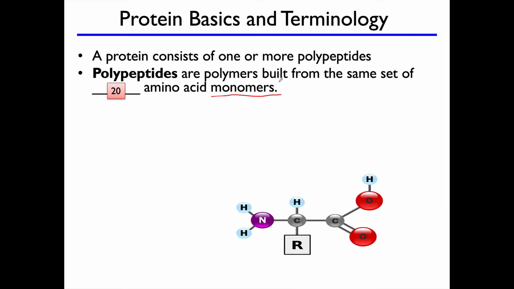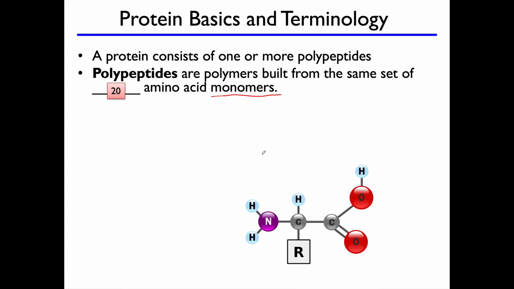Now, the amino acid itself, and that's what this is down here, gets its name from a couple of functional groups that we find on it. So every amino acid on one side will have what's known as an amino group, and on this side over here, a carboxyl, or sometimes called a carboxylic acid group. Every single amino acid has this and this identical, and even this little H on top.